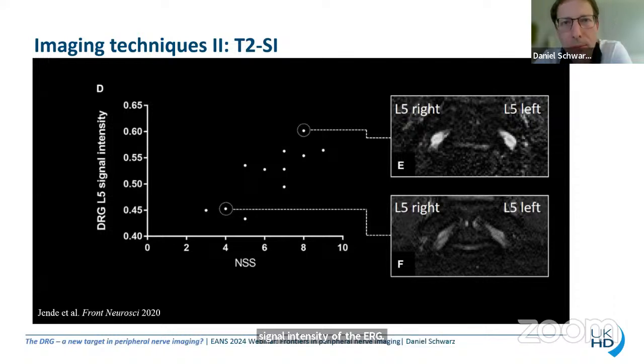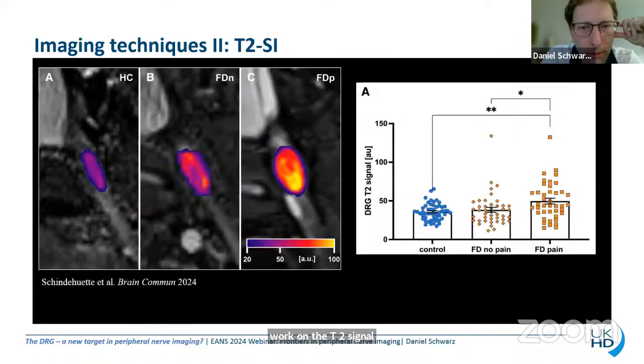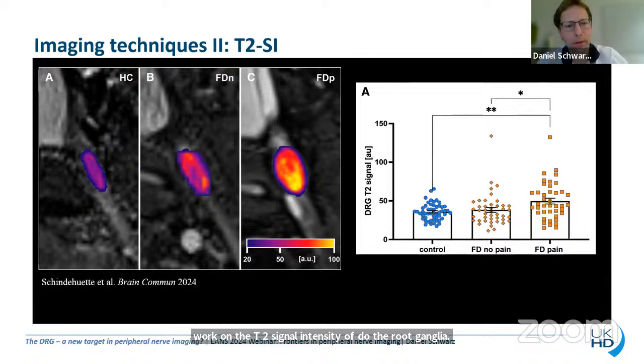So this is very similar to what we already know from peripheral nerves in general. There is not so much work on the T2 signal intensity of dorsal root ganglia. Just a very recent one where this was extended to Fabry disease again, and this was also shown to behave in the same way.